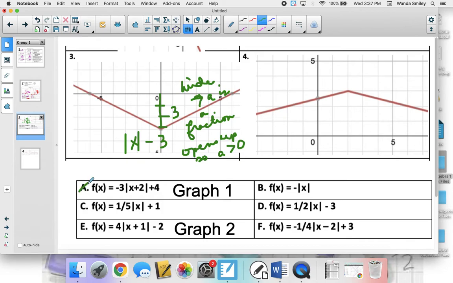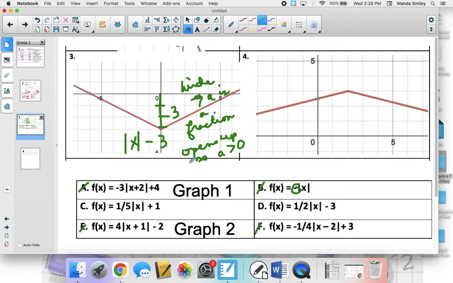So, of course, we can eliminate A and E. It could be C. It could be B. It could be D. It will definitely not be F because there's something else besides x inside there. But it is open, so it's greater than 0. So that eliminates B because it has a negative in front of it. Okay?